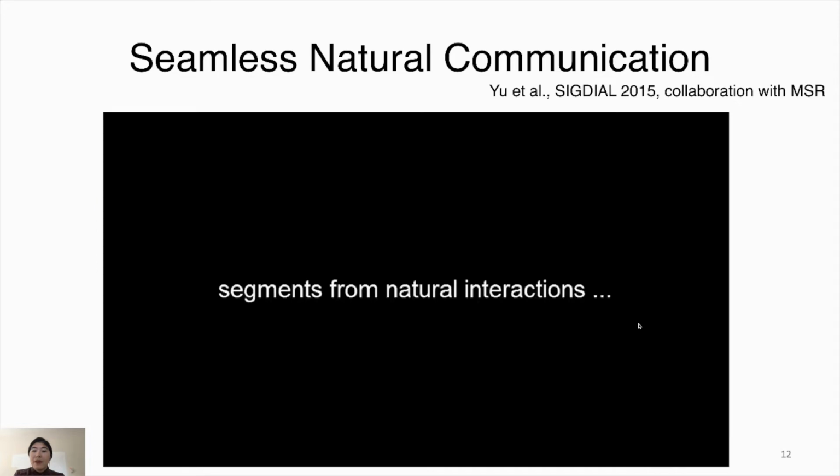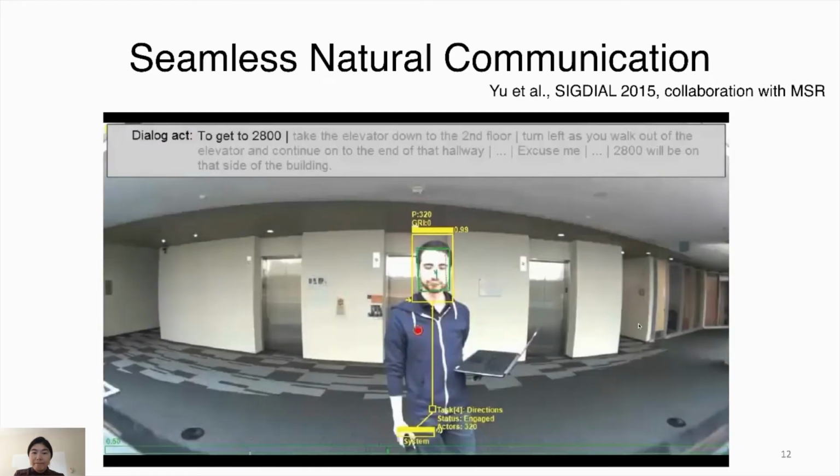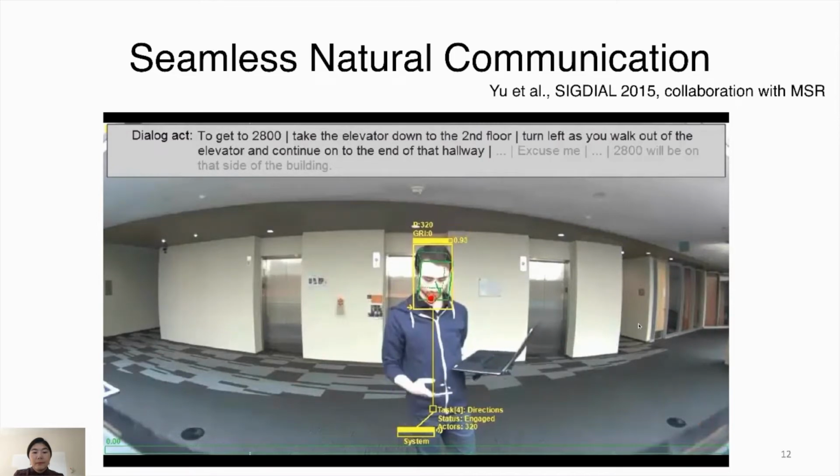So here are some other natural interactions with real users interacting with the chatbot. To get to 2801, take the elevator down to the second floor. Turn left as you walk out of the elevator and continue on to the end of that hallway. Excuse me. 2801 will be on that side of the building.